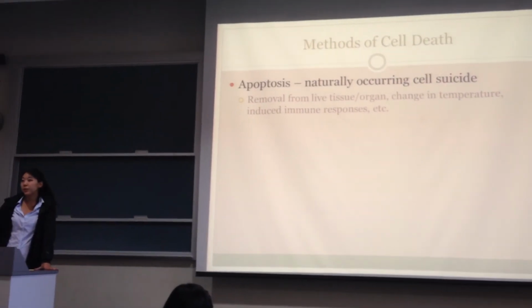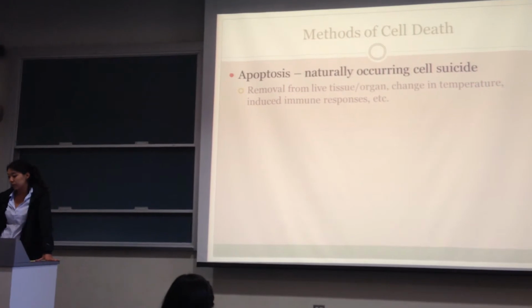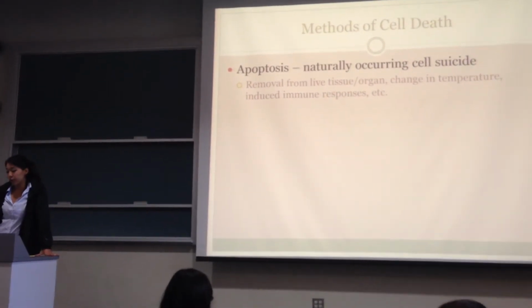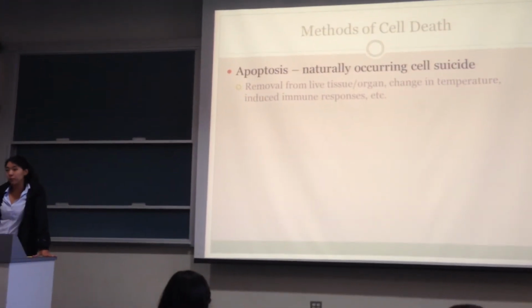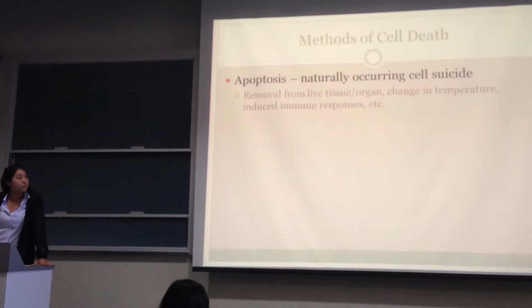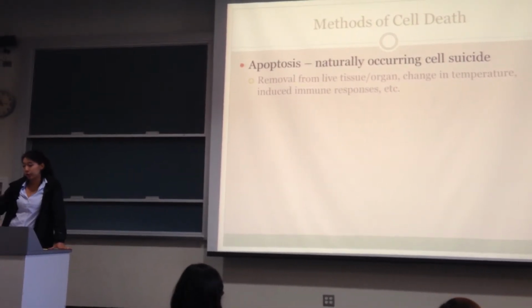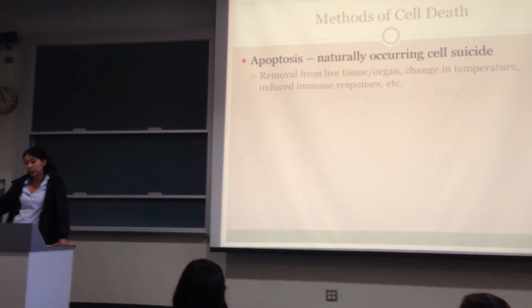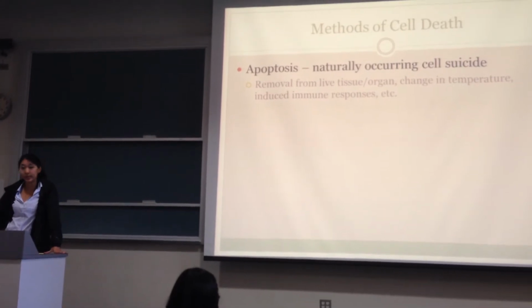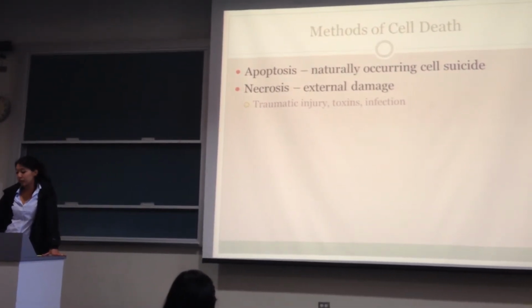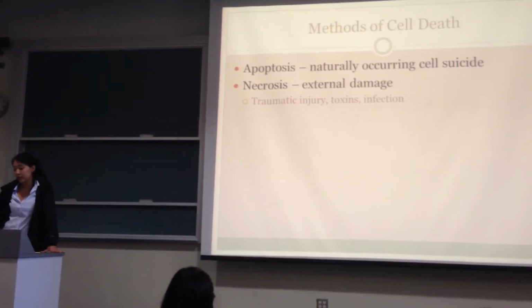So there are several methods of cell death. Apoptosis is one of them, which is naturally occurring cell suicide, which can occur due to removal of the cells from live tissue or organs, change in temperatures from body temperature to extremely cold or extremely hot, induced immune responses, etc. Necrosis is due to external damage, so traumatic injuries, toxins, infections.